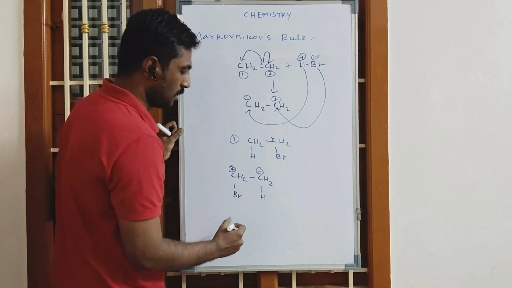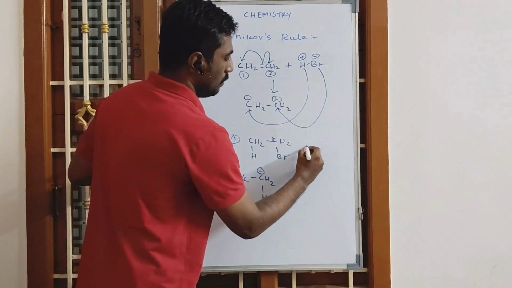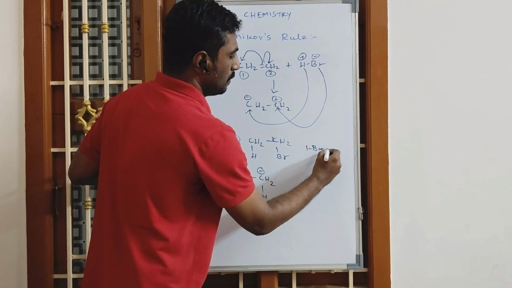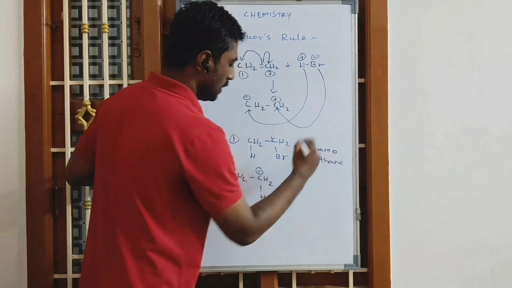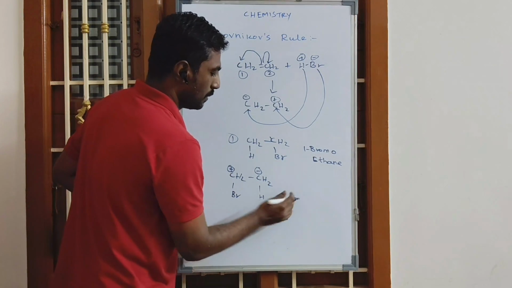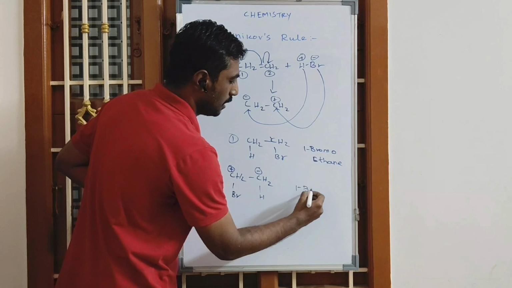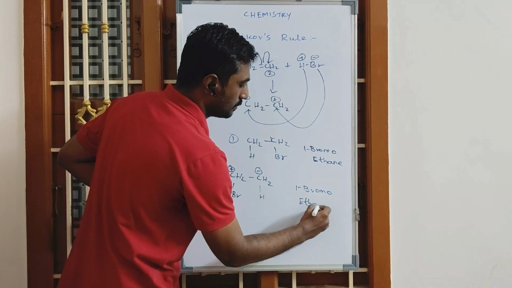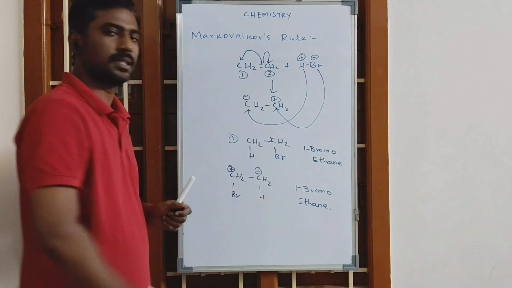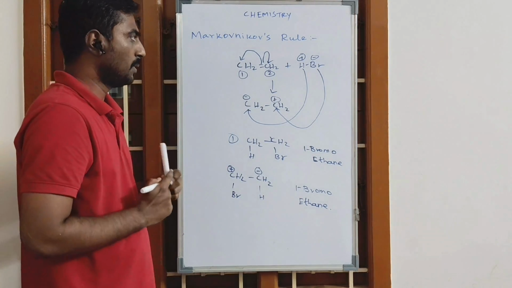When you name this, we get the product as 1-bromoethane. Similarly, the compound we obtained from the second scenario is also 1-bromoethane. So in both cases, we have attained the same compound.